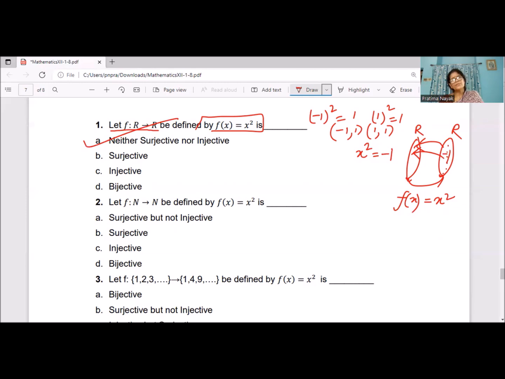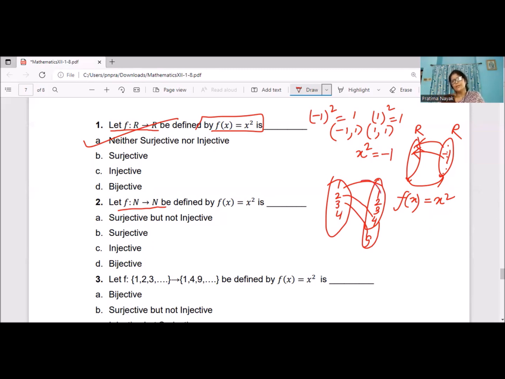Similarly, the same function is defined from N to N, natural numbers to natural numbers: 1, 2, 3, 4, and so on, and here also 1, 2, 3, 4, and so on. So 1 square is 1, 2 square is 4, 3 square is 9. That means it is one-one. Each has an image here, and only a single image.